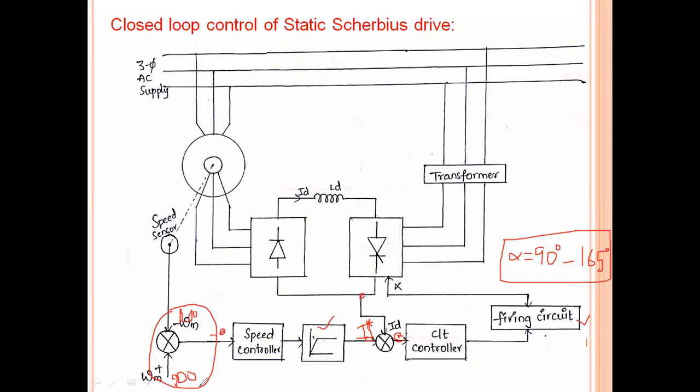This negative or positive speed error is generated based on the set speed and the actual speed when compared with the set speed. If the error is negative, then the generated angle will be different. If the speed error is positive, then the alpha value will be different. So based on this, the alpha value will be modified accordingly. This is how the closed loop operation of static shear bus drive will operate.